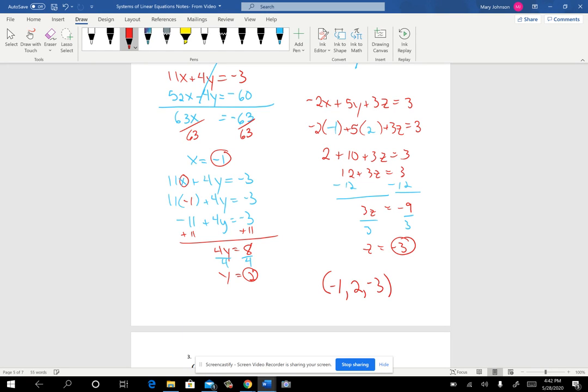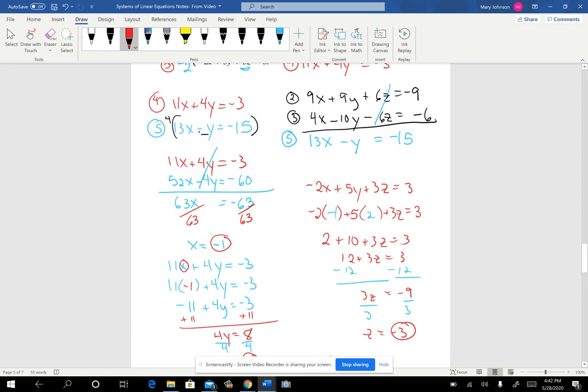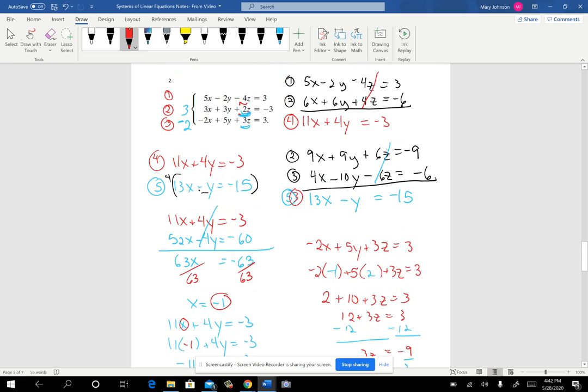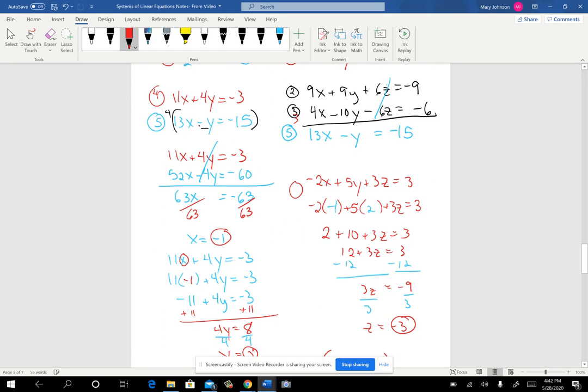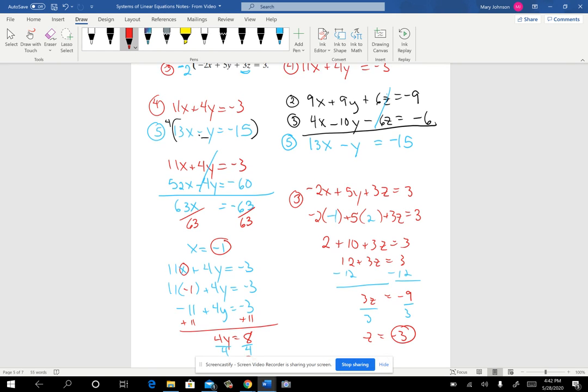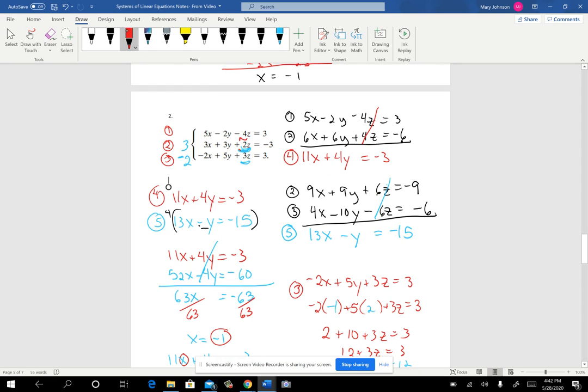And if it were a quiz or a test, what you should do is go back up. Since I used equation 3 right here when I found z, what I would do is go back and check to see if these first 2 equations work out when I plug into those 2.